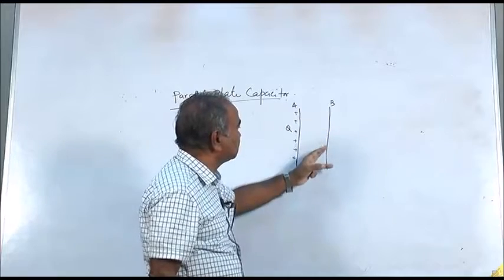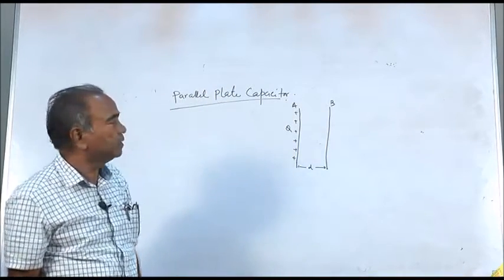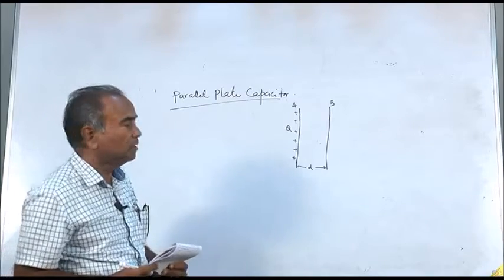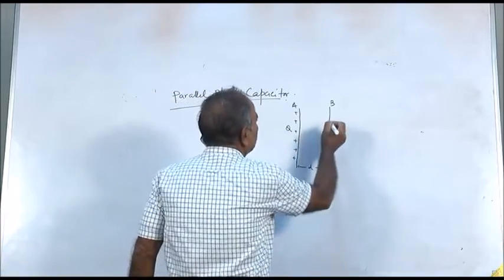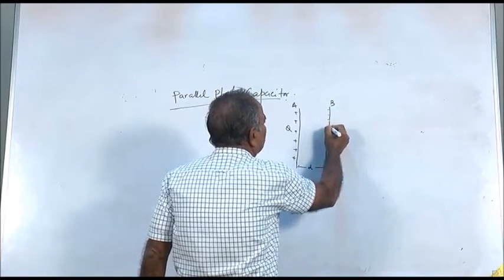When this uncharged plate B is brought near the plate A, by induction it will be charged, because the positive charge will attract the negative charge.